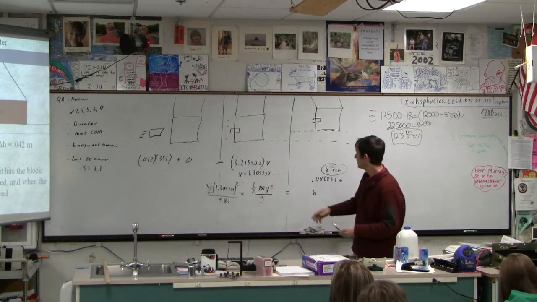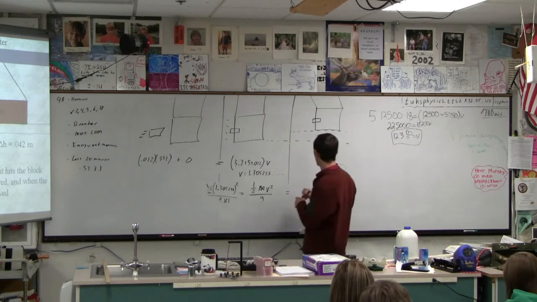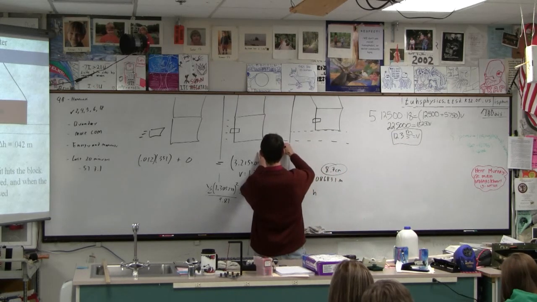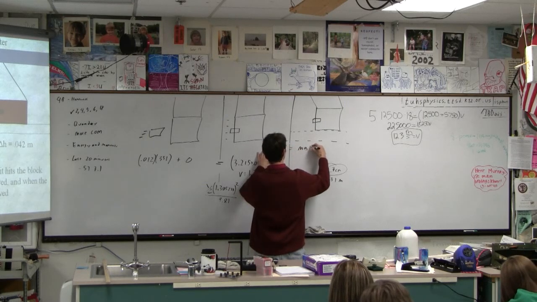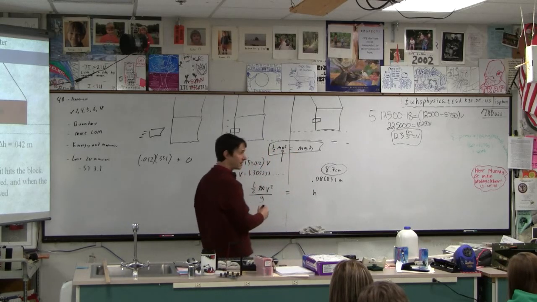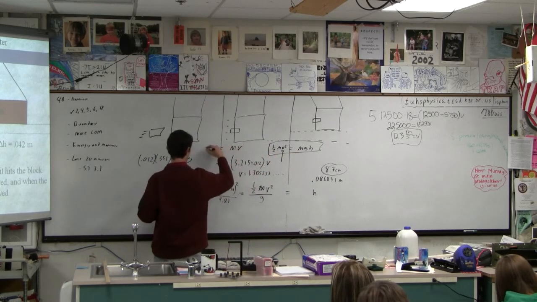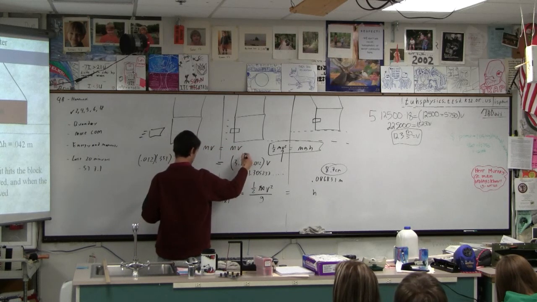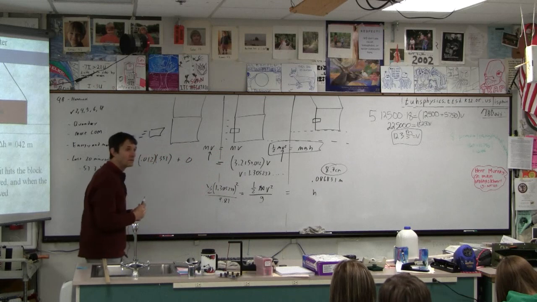Well, step one, use 1/2 mv squared equals mgh to find the velocity. Then use momentum, mv equals mv, to find that velocity.